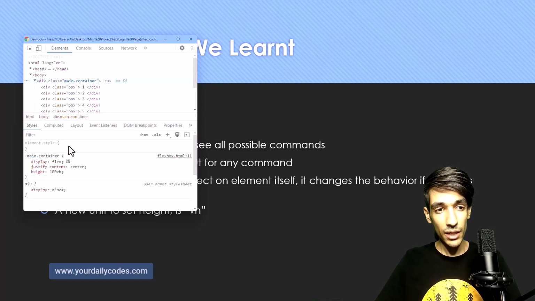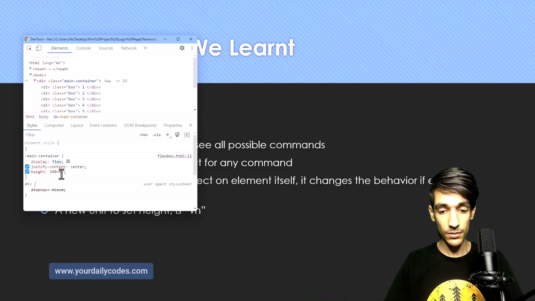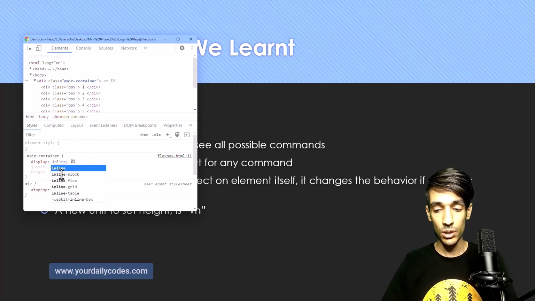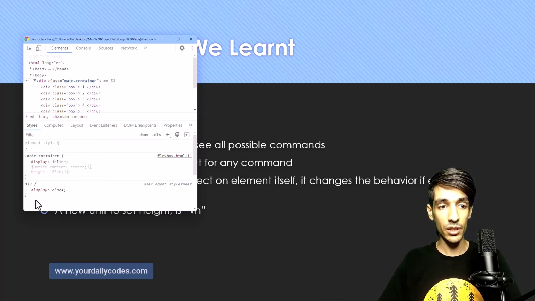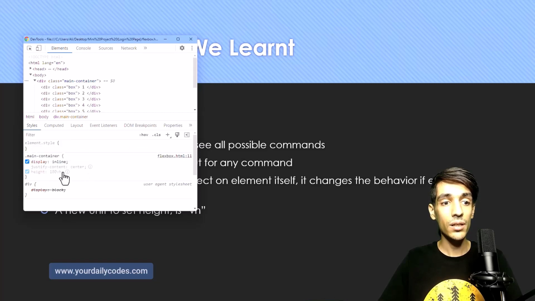But what if we want this main container to be treated like an inline element, but the content to be flex? If we change this display to inline, the flex display is no longer available, and all of these are grayed out, which means justify content center and the height are meaningless for an inline element, right?